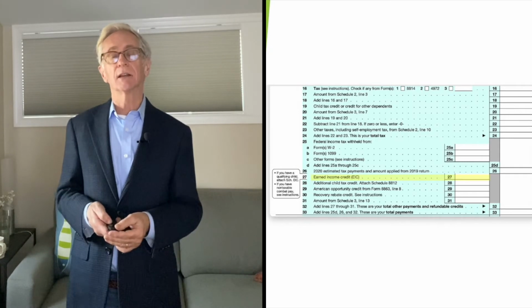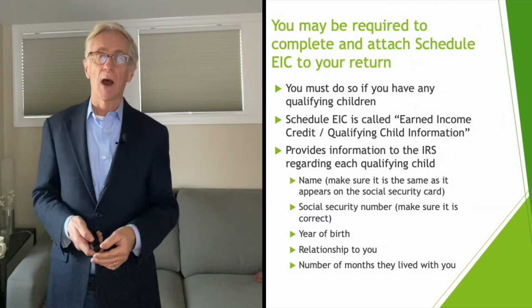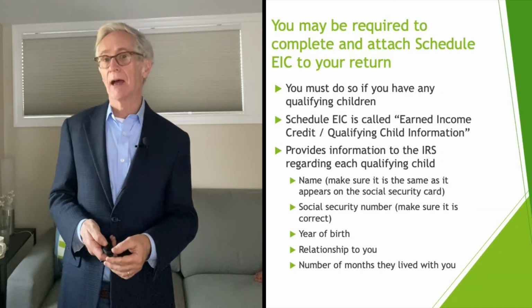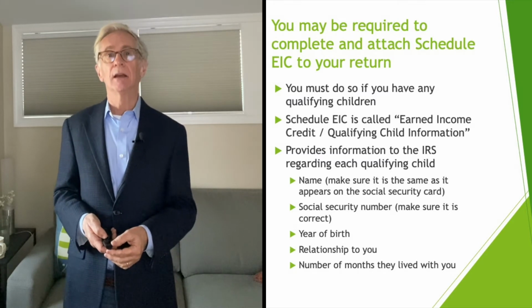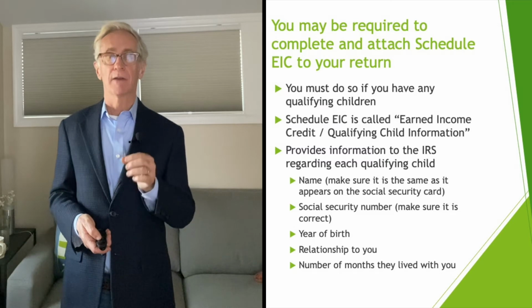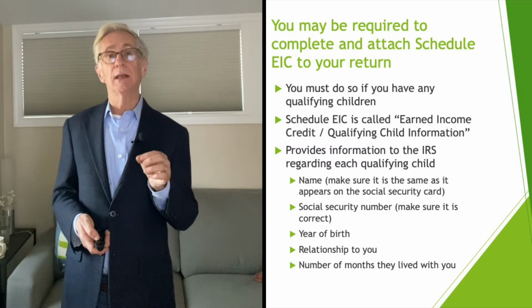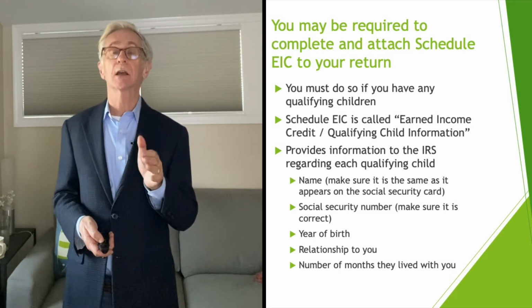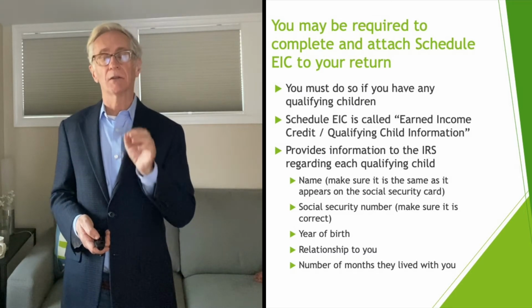Simple as that. You may be required to complete and attach a Schedule EIC to your return. This applies if you have any qualifying children. The Schedule EIC is actually called Earned Income Credit Qualifying Child Information.